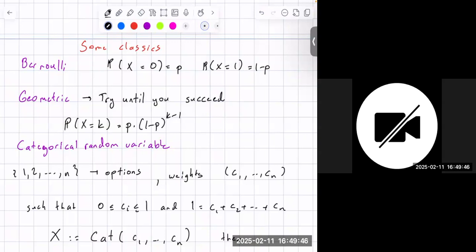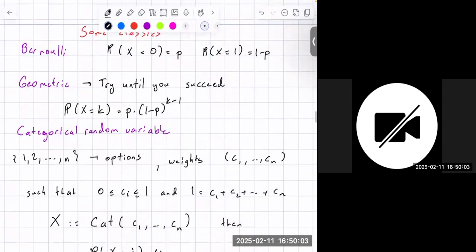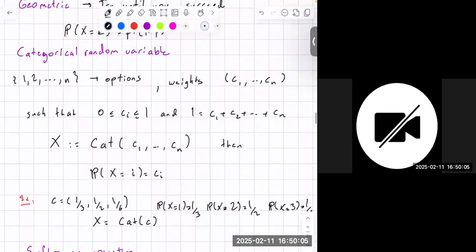The next one, called categorical random variable, abbreviated cutely as CAT, is a bit more general than Bernoulli, actually. It looks complicated, but not so complicated. Okay, let me explain it to you. Let me roll up a little bit. So what is CAT in this context? You've got some options, 1, 2, 3, 4, n.